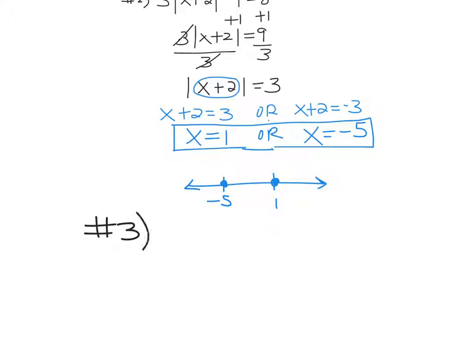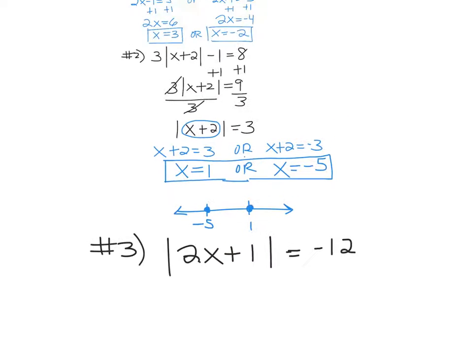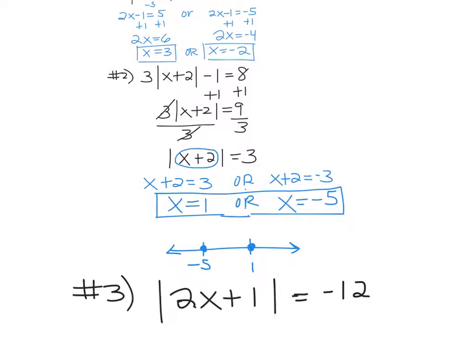All right, number 3. Now I'm going to mess with you. Here it comes. The absolute value of 2x plus 1 is equal to negative 12. I just have a question. Sure. What's the point of having the lines? Those absolute value lines? That makes things positive, basically. But what if you don't use them?